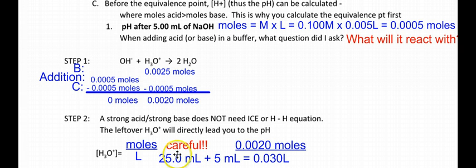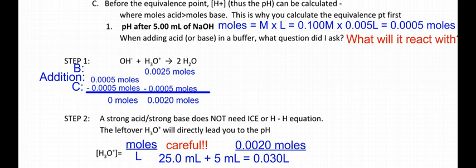But if I were to look at my beaker, the volume in my beaker where the hydrochloric acid started, I added more volume to. I added 5 more mL. Where did that come from? This right here. So when I add 5 mL of sodium hydroxide, I'm now changing my volume. So now I have 30 mL in my beaker, which is 0.030 liters.